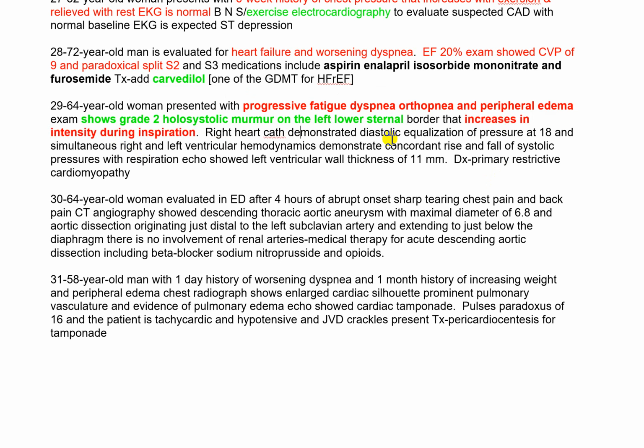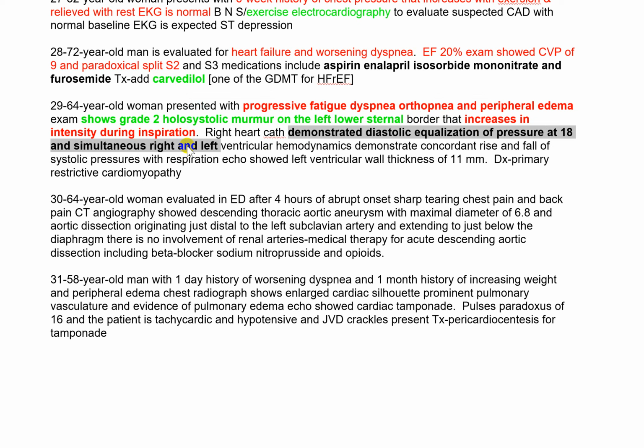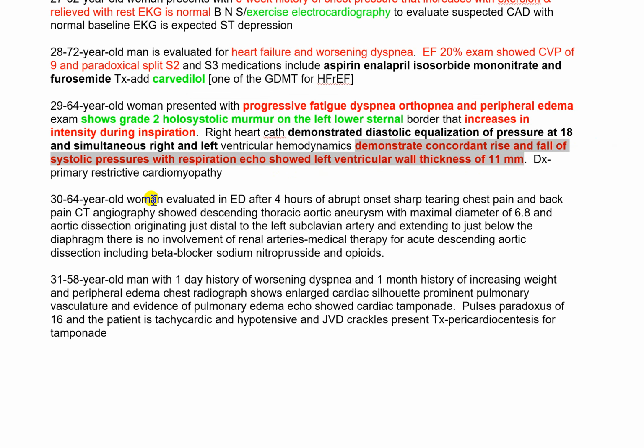Right heart cath demonstrates diastolic equalization of pressure, and simultaneous right and left ventricular hemodynamics demonstrate concordant rise and fall of systolic pressure with respiration. Echo showed left ventricular wall thickness of 11 mm. So what is your diagnosis for this patient?